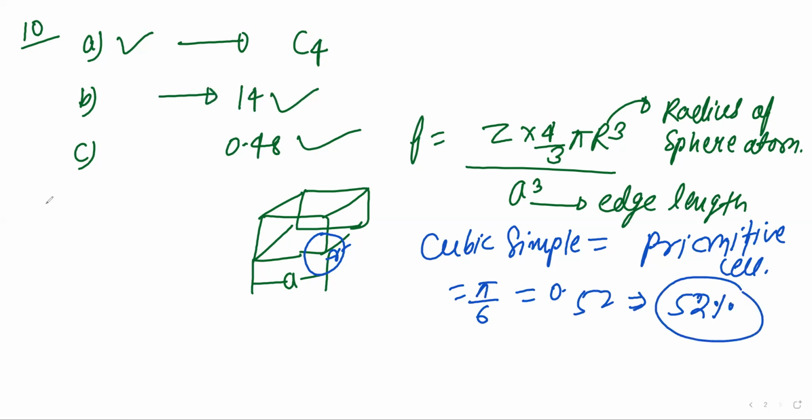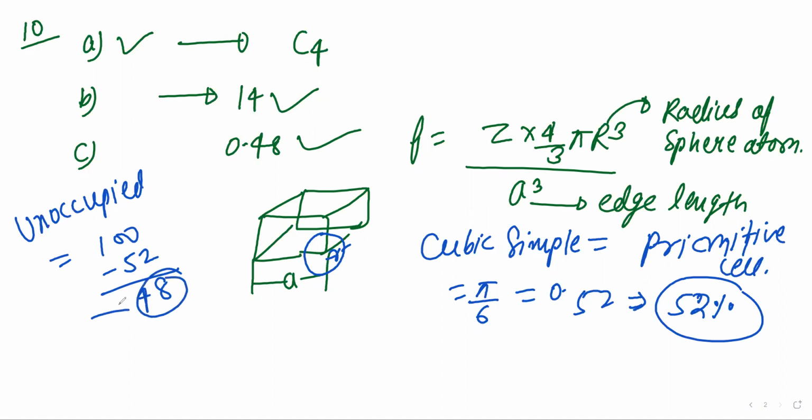So the unoccupied space will be 100 minus 52, which is 48%, right? So it is telling that in option C the occupied fraction is 0.48, but that is unoccupied, that's why the statement is wrong, right?